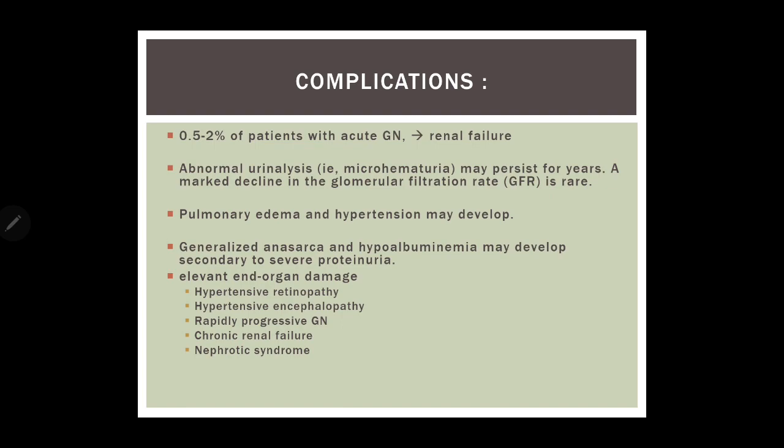There may be a marked decline in the GFR in only a few cases, mostly rare. Acutely, when the patient presents, the patient may present with an acute pulmonary edema or hypertension. Generalized anasarca, hypoalbuminemia may develop. Okay, and chronic renal failure may occur. Nephrotic syndrome may also occur.